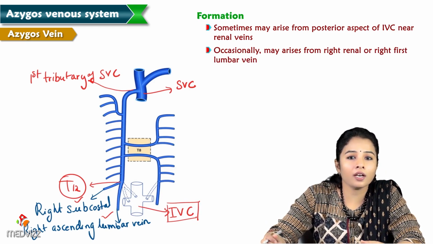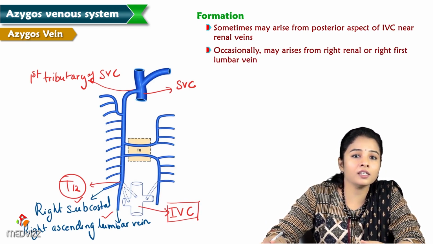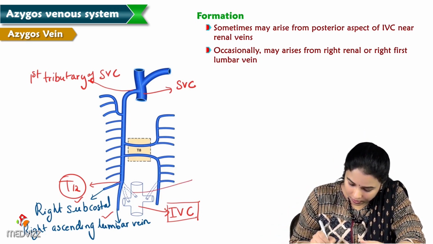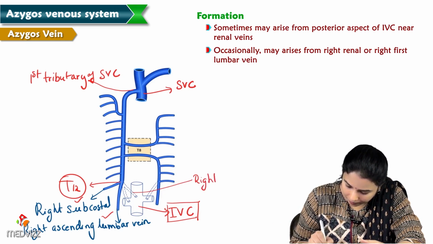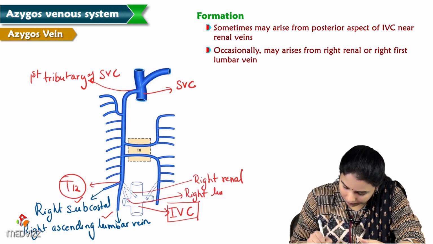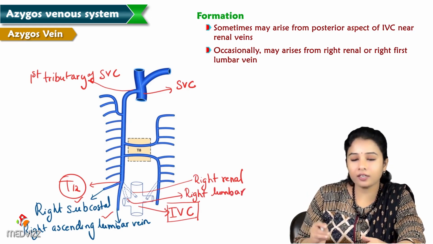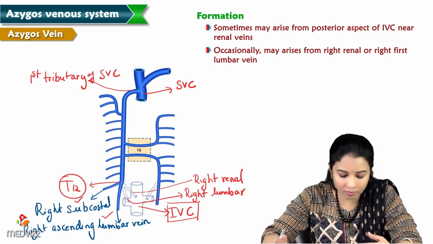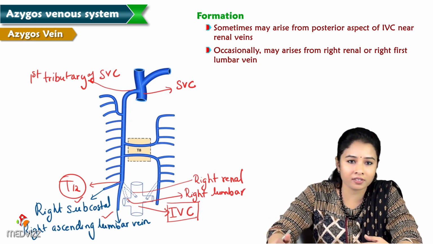Occasionally it may arise from the right renal and right first lumbar veins. So right renal and right lumbar veins join to form azygous vein in rare cases.